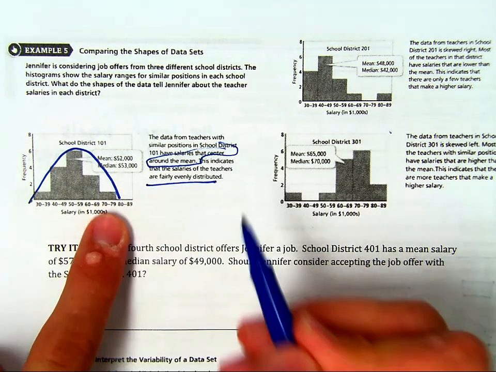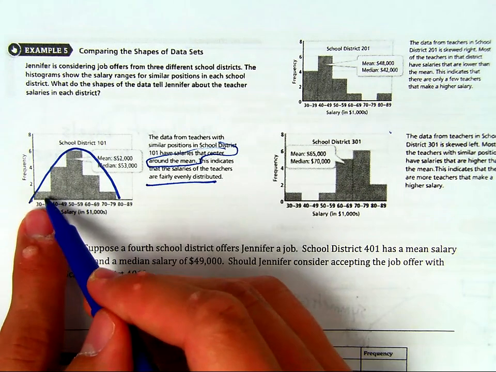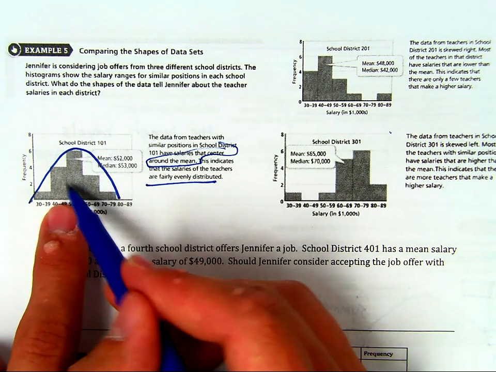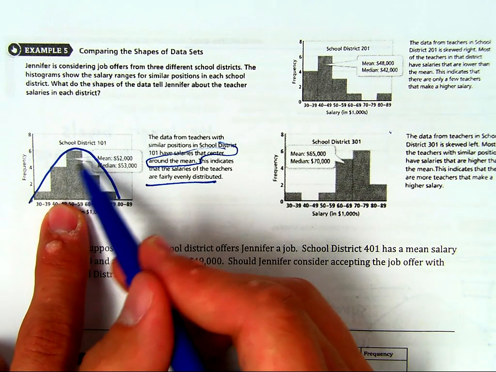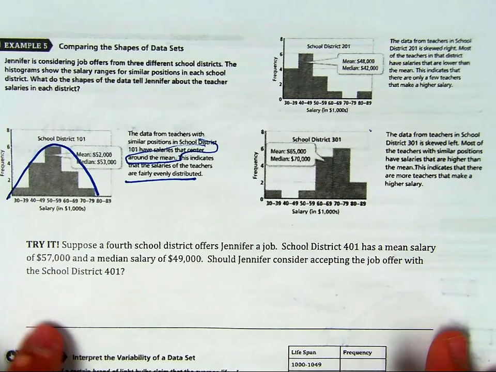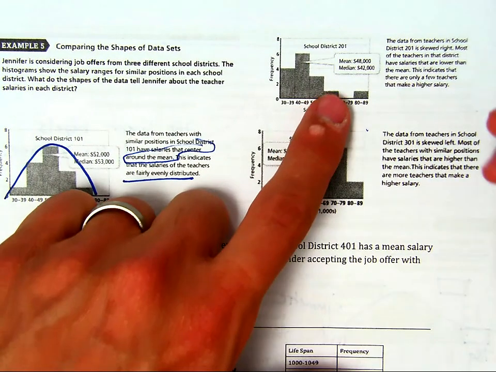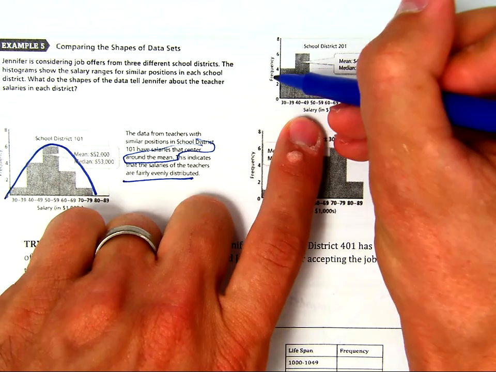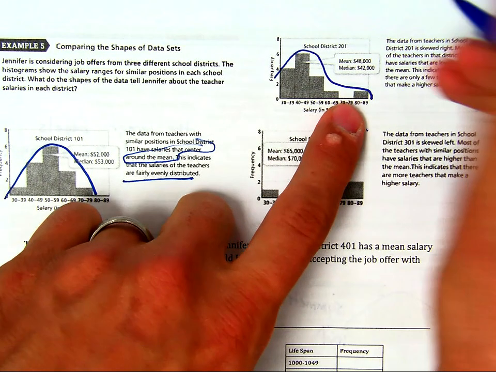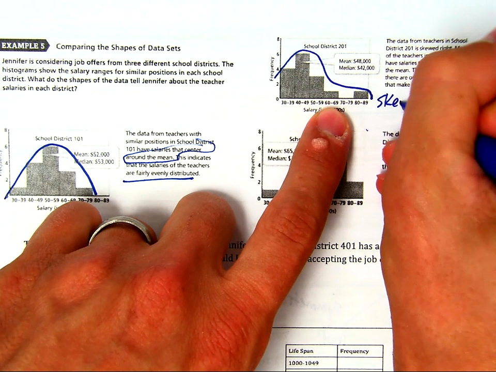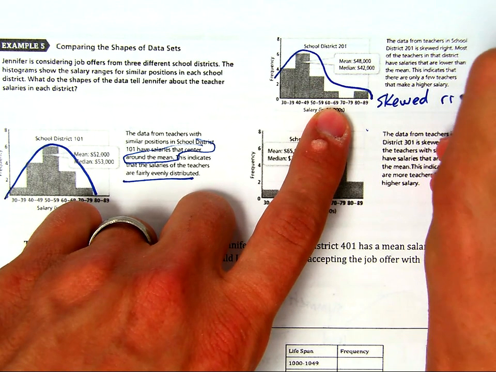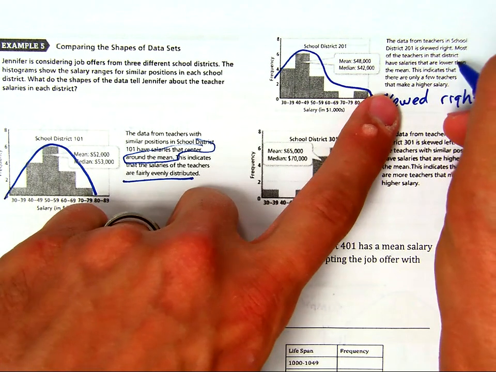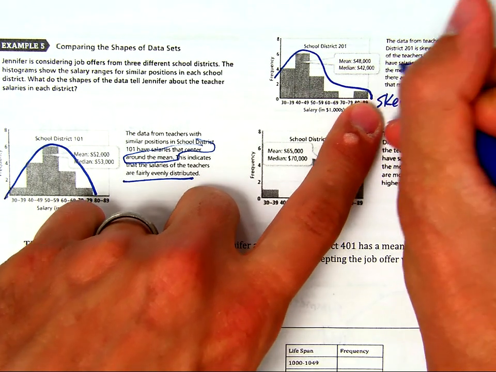Okay, so you got your newer teachers, you got your older teachers, and you got the majority of your teachers here in the middle. Okay, over here, okay, the mean is 48, the median is 42. But notice that the salaries, these are skewed right. Okay, so this indicates that there are only a few teachers that make a high salary. Right, so she would not want to work here.